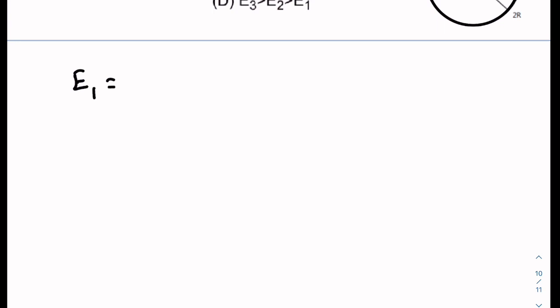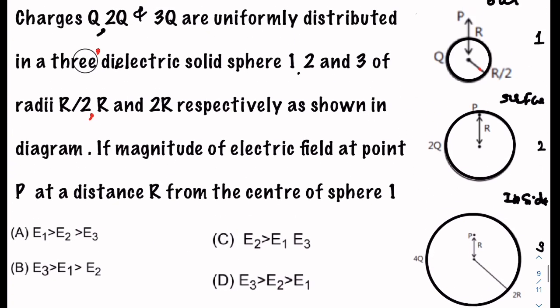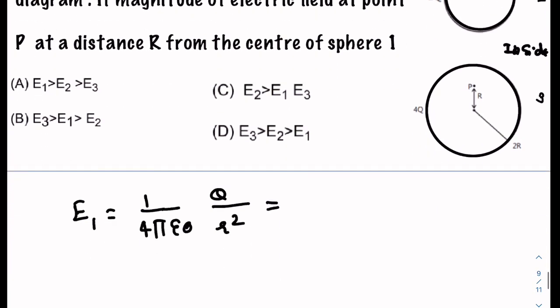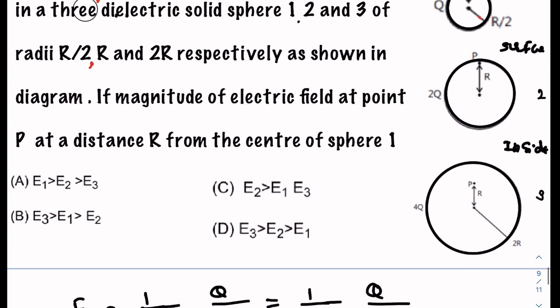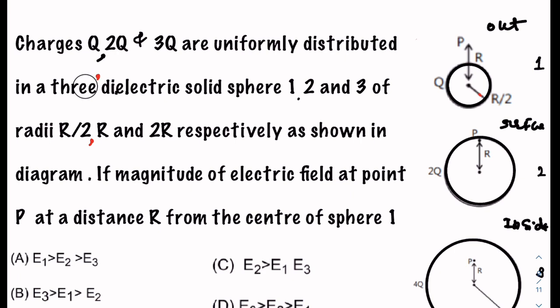Then the formula for an outside point is 1 by 4 pi epsilon naught q by distance r square from the center. Now the charge on the sphere is q and the distance from the center is capital R, then 1 by 4 pi epsilon naught q by capital R square. This equation gives the electric field intensity at an outside point, with the total charge considered as at the center.